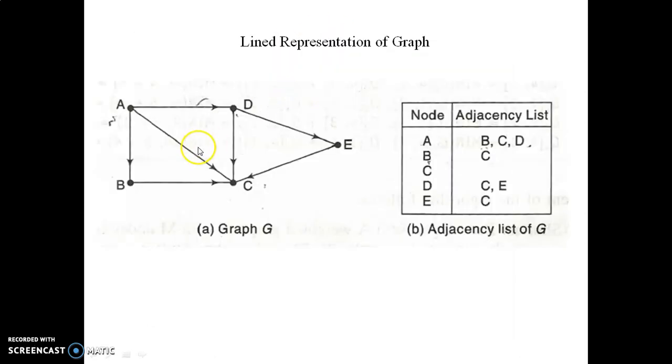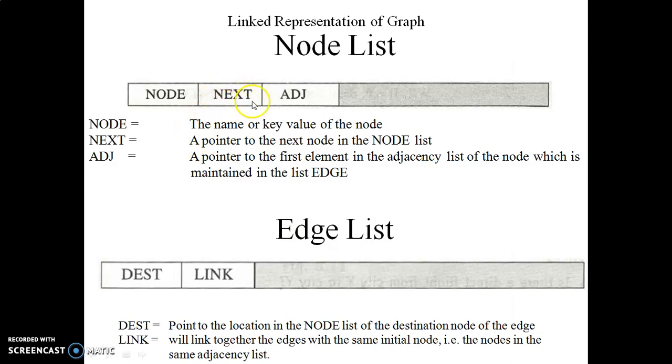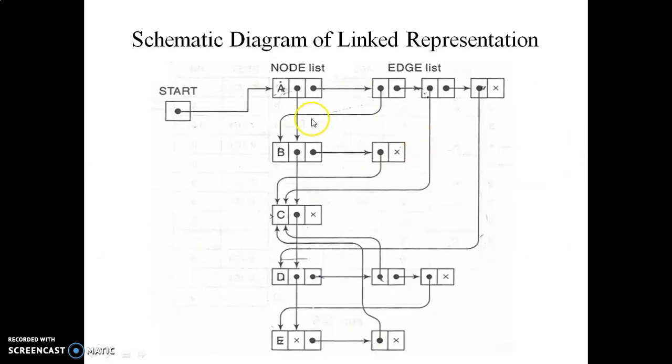The second field is the next field, which is a pointer to the next node in the node list. That means the second field will have the address of the next node in the node list. The next node in the node list is B, so it will have the address of the B node over here.